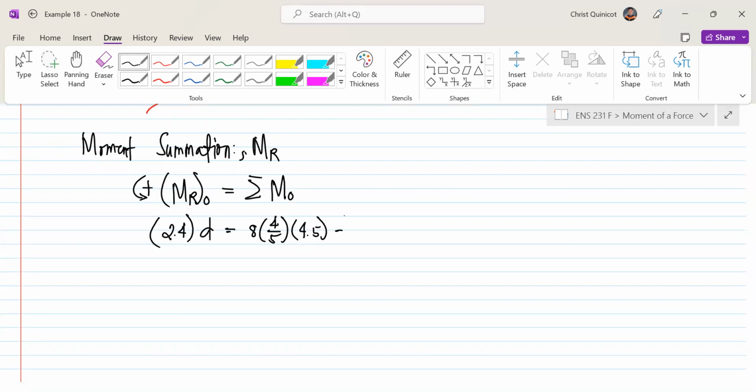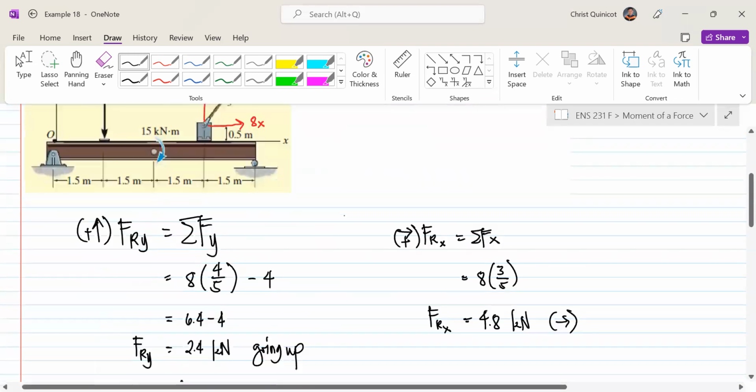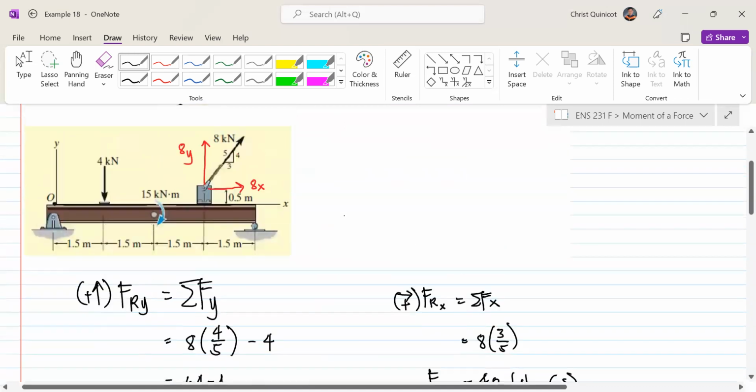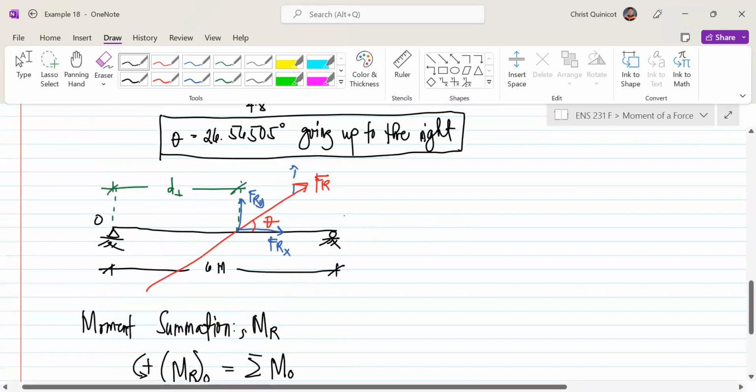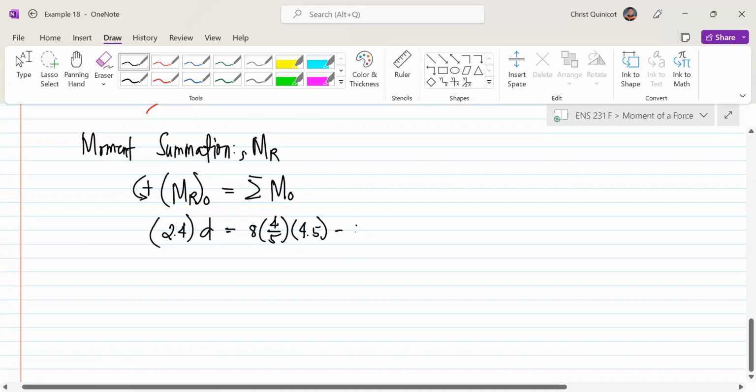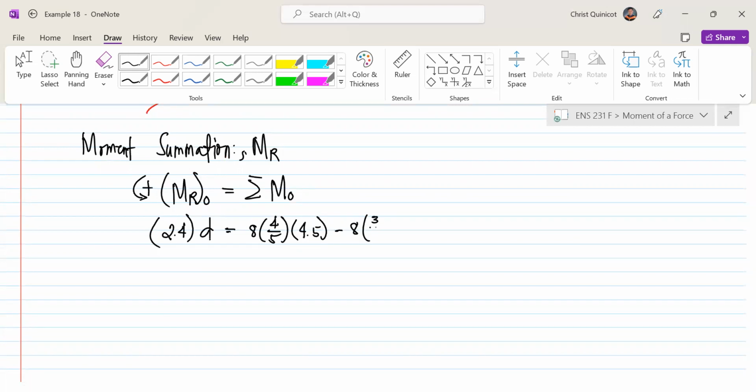Then minus 8x, which has a perpendicular distance of 0.5 meters from point O, so that's 8 times 3/5 times 0.5.